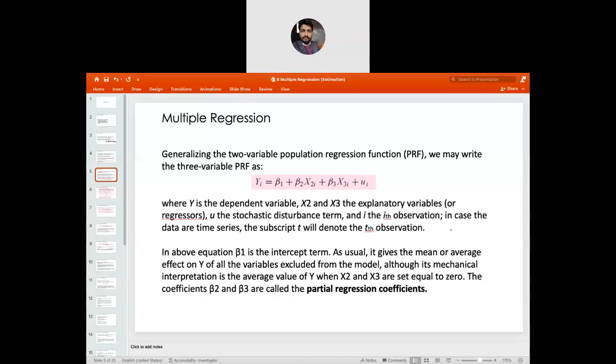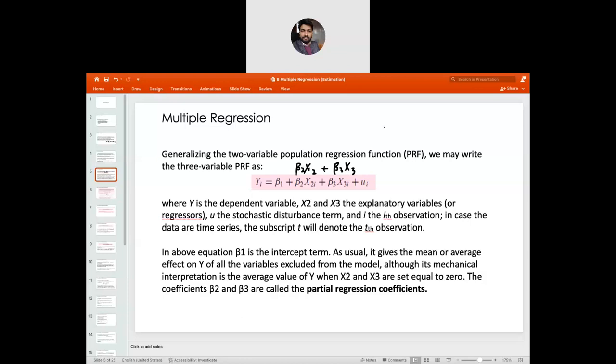As far as notation is concerned, why x2? Why not x1? Because we have the coefficient beta 2, it's a good idea to make it x2, because then we will have a beta 3 and it's better to put an x3 with it. So it becomes notationally simple to understand, and you can use subscripts easily.